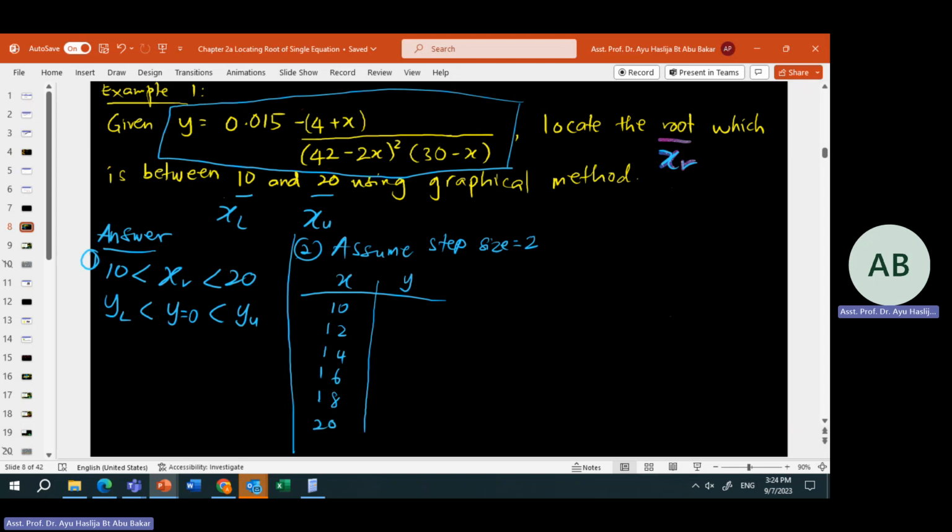Positive, negative? Positive. Okay, 0.0135. Correct? YU?